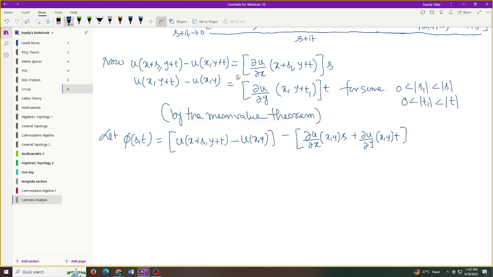Now if I add them, what is the value? It is del u del x at (x plus s1, y plus t) minus del u del x at (x,y).